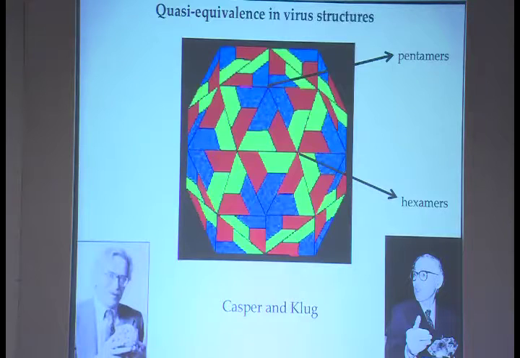And again, you can see the generation of the pentamers and the hexamers. Even if the protein is the same, it has been arrayed in a different way, and the same part of the same protein, depending on where it is located in the virus structure, can carry out different functions.